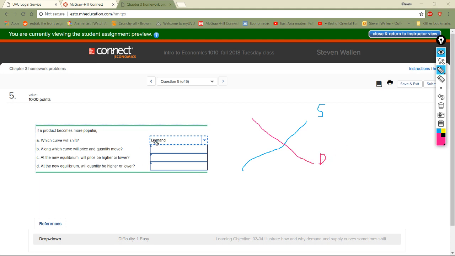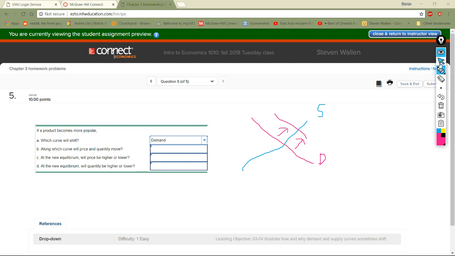Okay, which curve will shift? Demand. If I take demand and I shift it up because it's increasing, see these arrows? That's where it's moving. What's also in line with these arrows, with where it's moving? Supply. So it's literally moving along the supply curve.